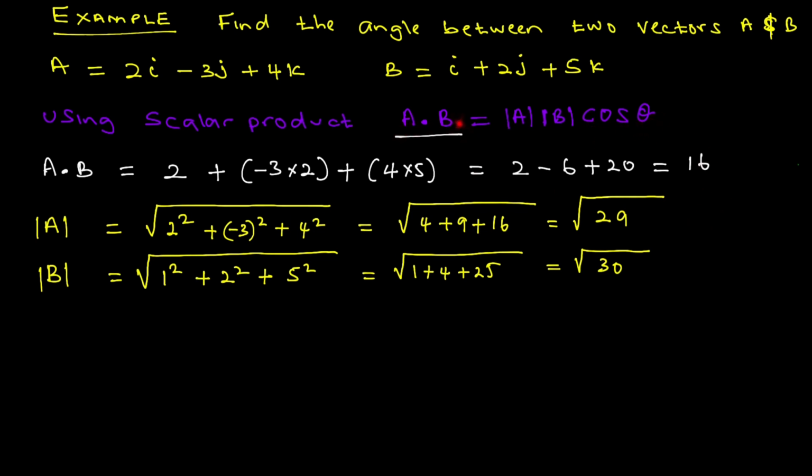We know what A dot B is, since we're using the scalar product, which is the dot product.